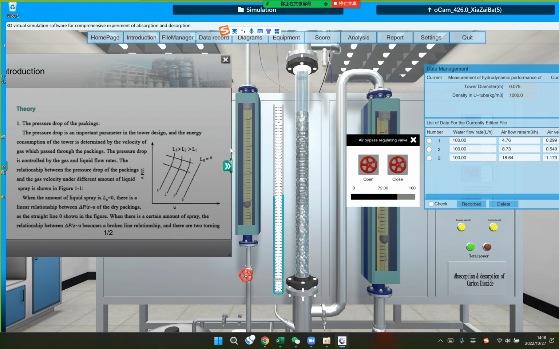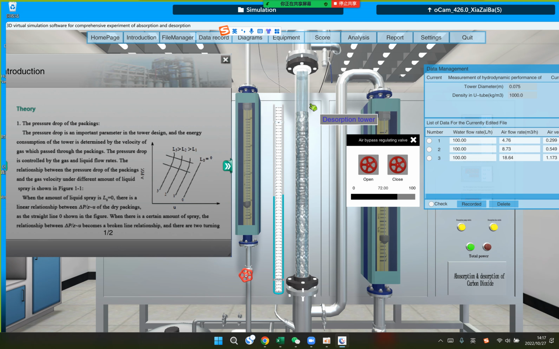The fluid moves upward, and at the top of the packings the fluid is something like boiling.